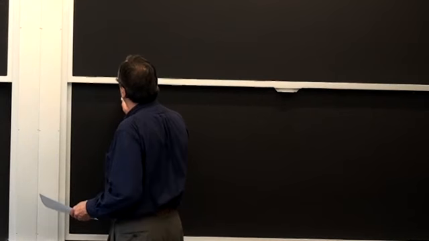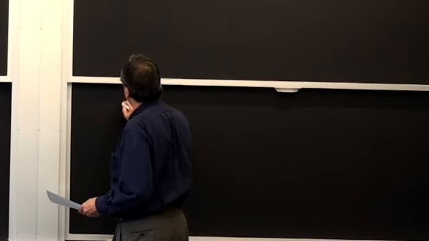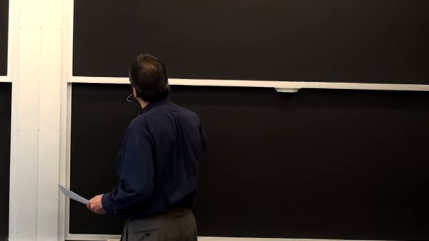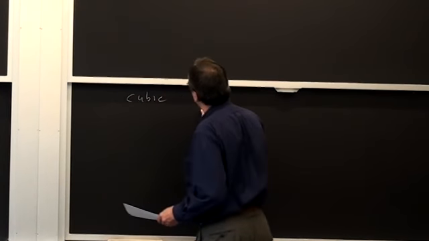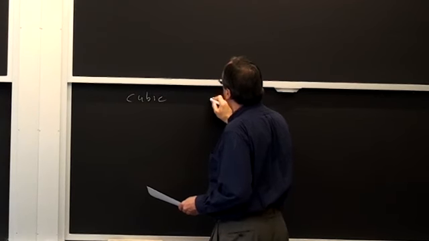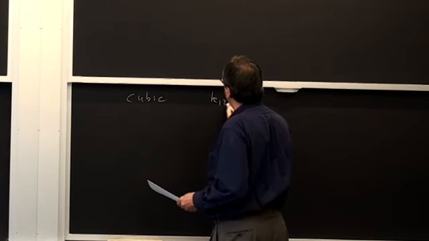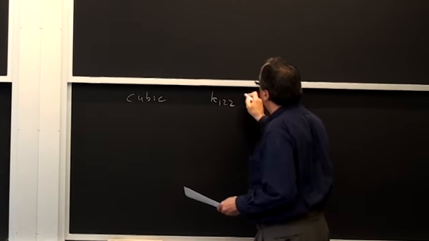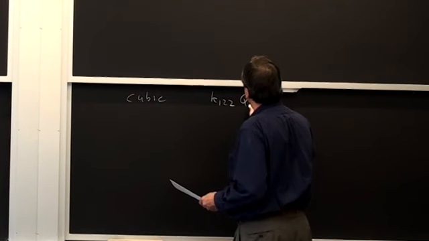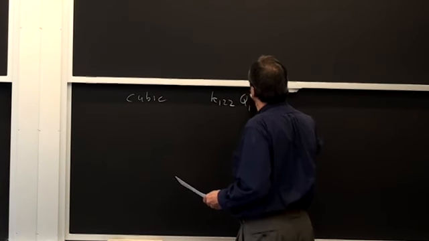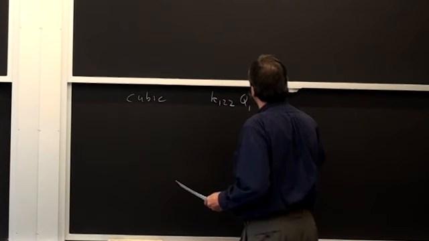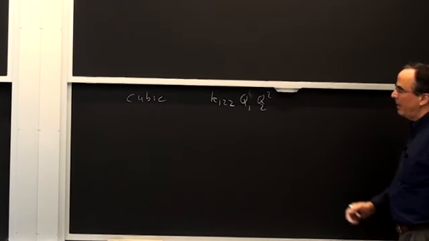We have often a situation where we have cubic terms, and they have the form K122 Q1 squared, Q1 Q2 squared.